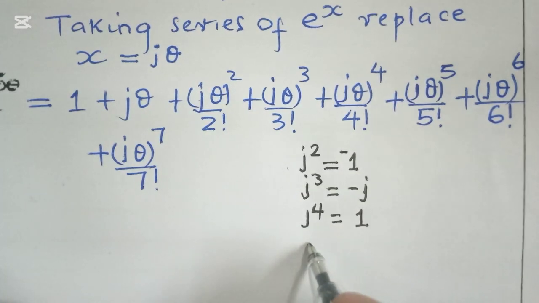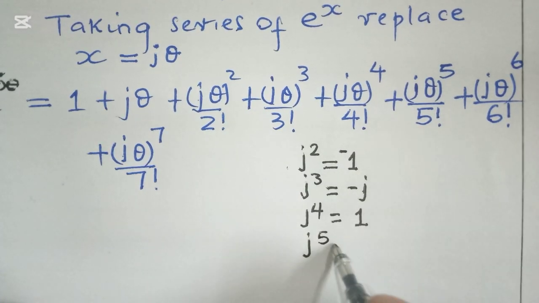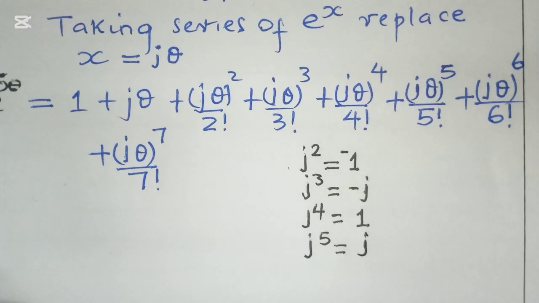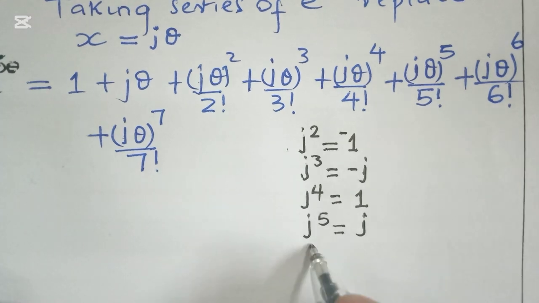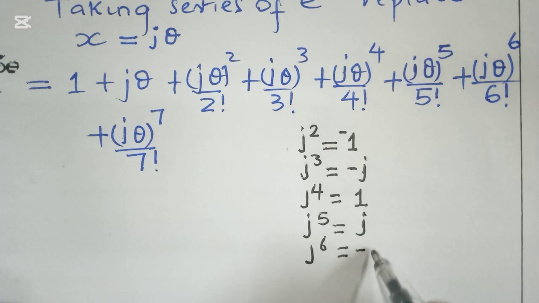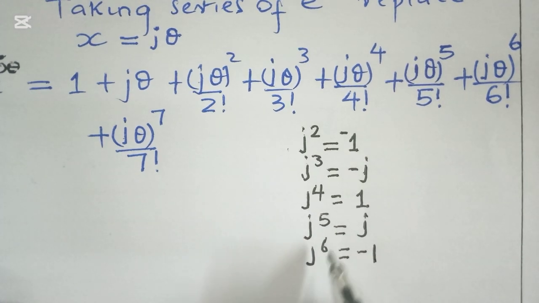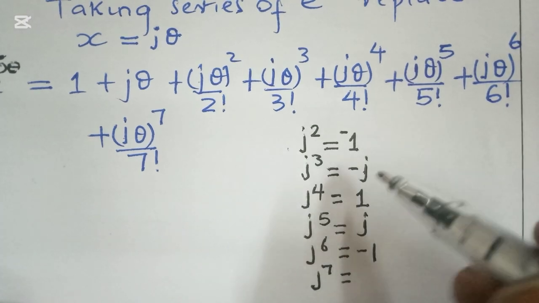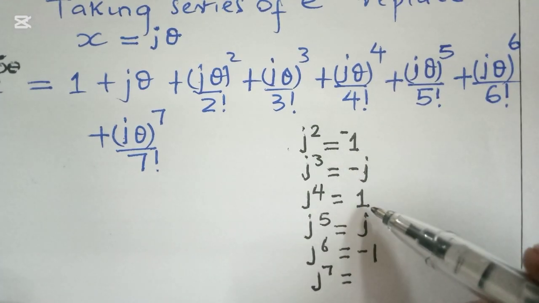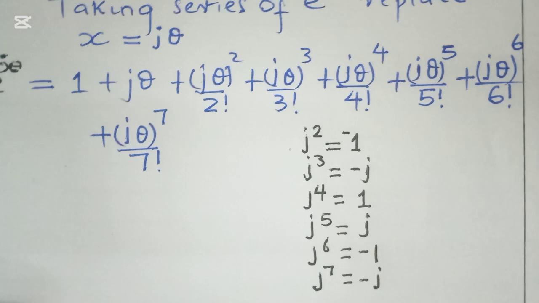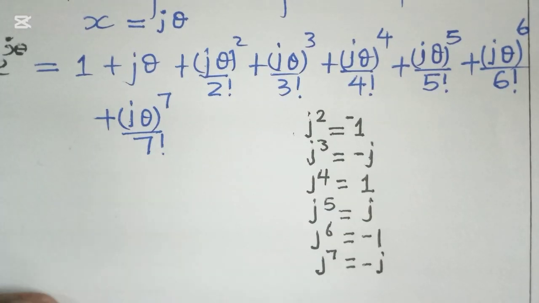We also have j raised to 5, which will give us j. And then we go to j to the 6, which gives us negative 1. We go to j to the 7. The same pattern is repeated: negative 1, negative j, 1, j, negative 1, negative j. We don't need 8.